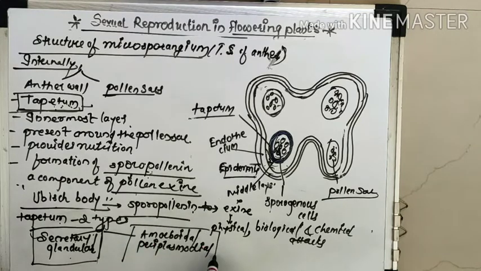Second, it's called amoeboidal, or also known as periplasmodial septum. Here the septal cells break through the radial wall to release the protoplast.